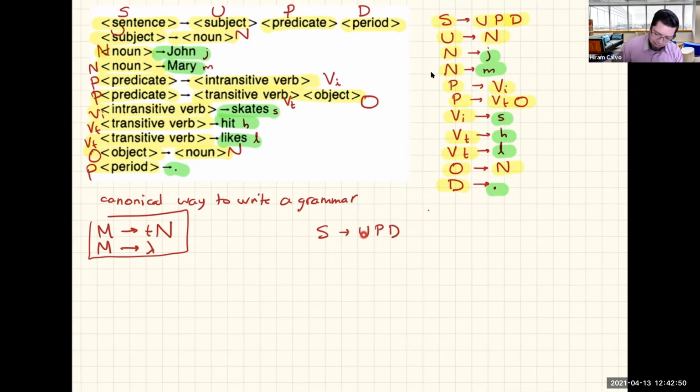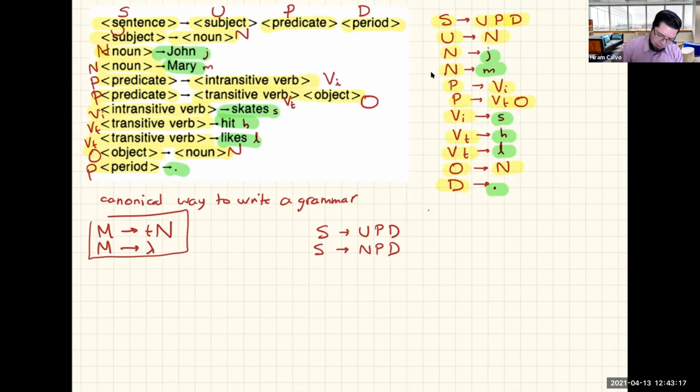We can see here that the first U is not a terminal. So in order to look for a terminal, we will substitute this U by all of its variations. In this case, we have only one variation, so we will substitute U with N. We will rewrite this rule as SNPD. Still, we don't have the canonical way.